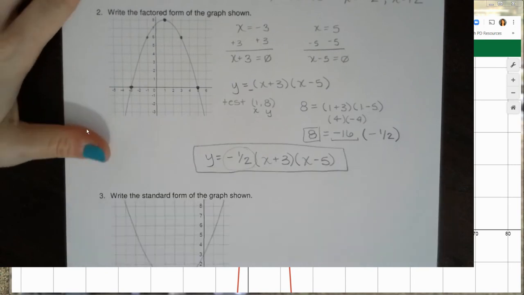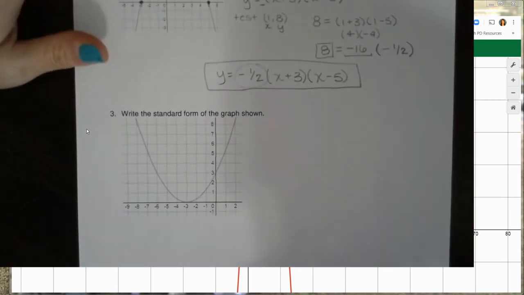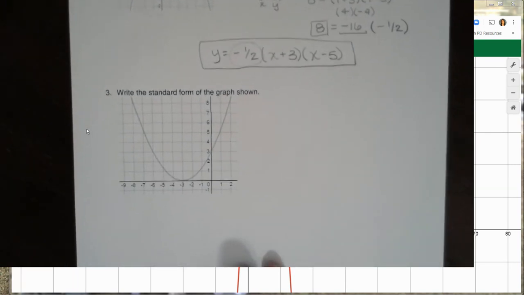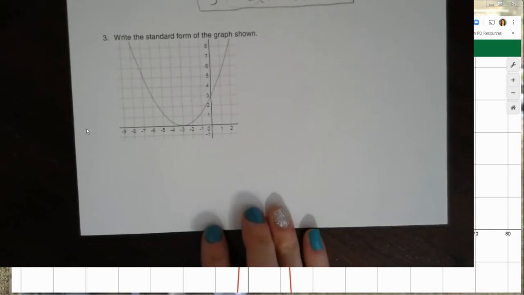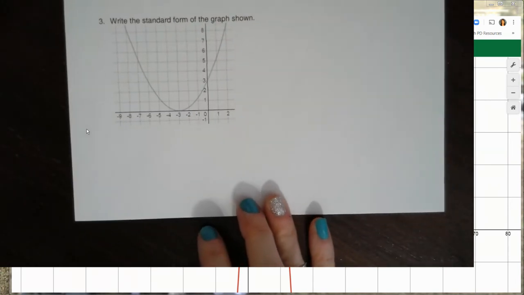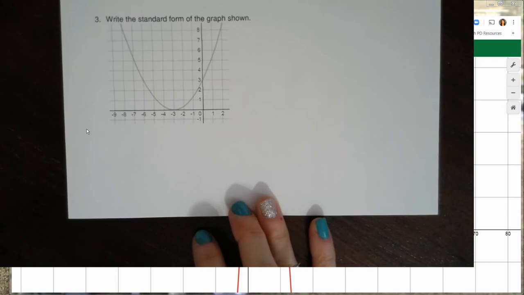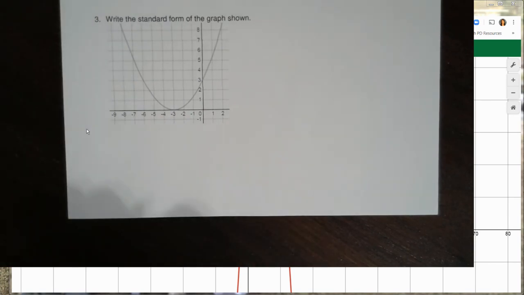There are possibilities that they could also ask you for this in standard form. The process isn't going to be any different. I'm going to still write it in factored form first, and then I'm going to use the box method with multiplication to find the standard form.